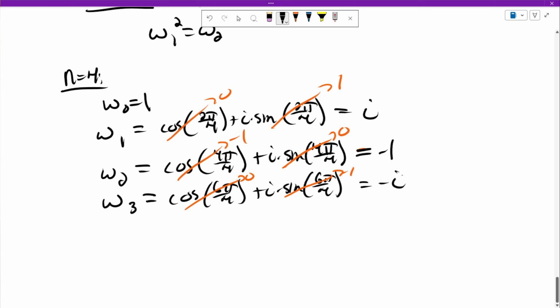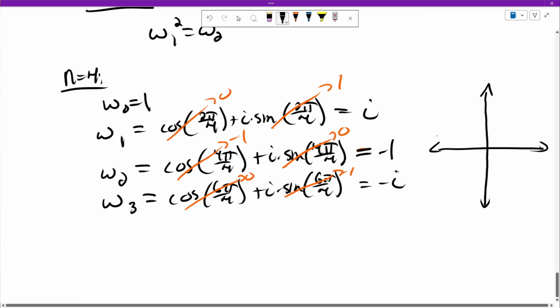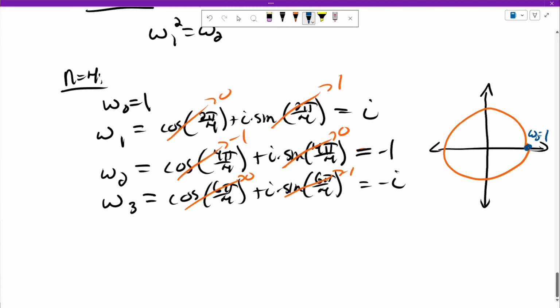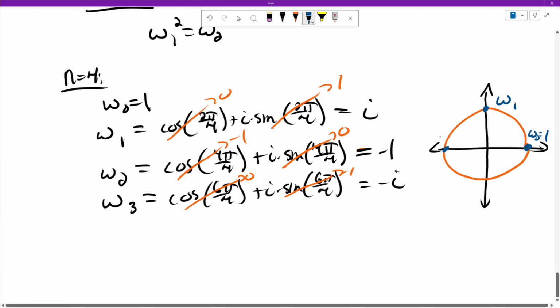So let's draw a picture of these. So here's our unit circle. Here's W0, which is 1. That's our principal fourth root, rather. So W naught, this is the principal fourth root. W1 is I, it's up there. W2 is -1, it's over there.